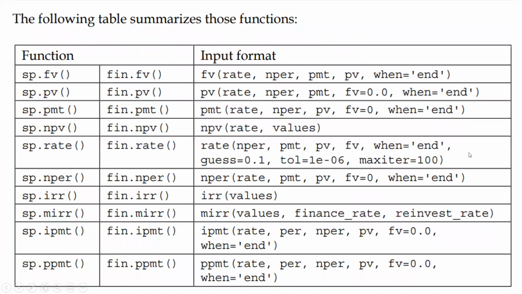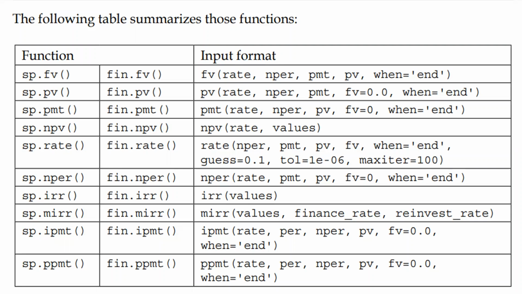Let us see some of the other functions. This is for your examination, maybe for sections A and B. So take a screenshot and keep it directly in some other files. What are all the formats and functions used in Python for the financial functions?